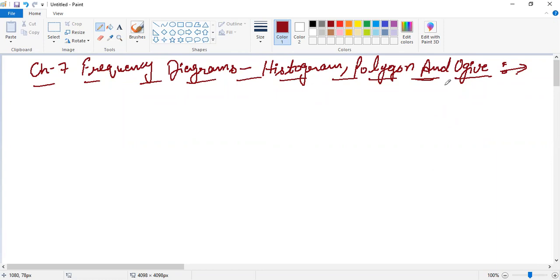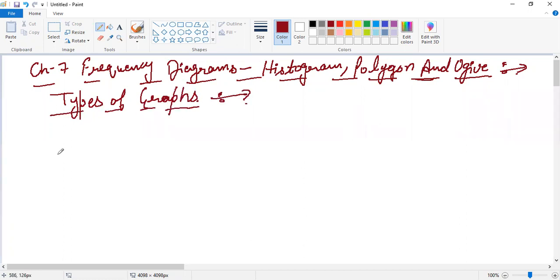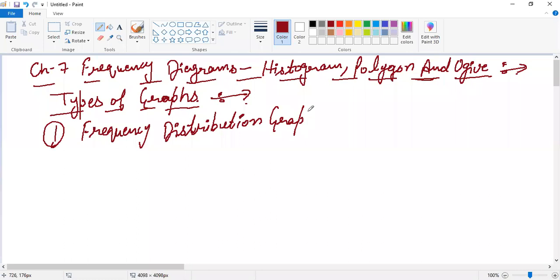Okay, so students, actually there are two types of graphs. First is frequency distribution graph, and second is time series graph.